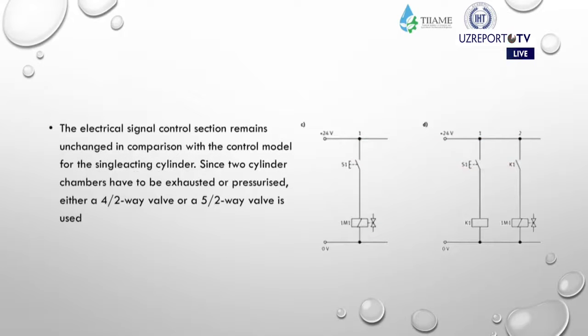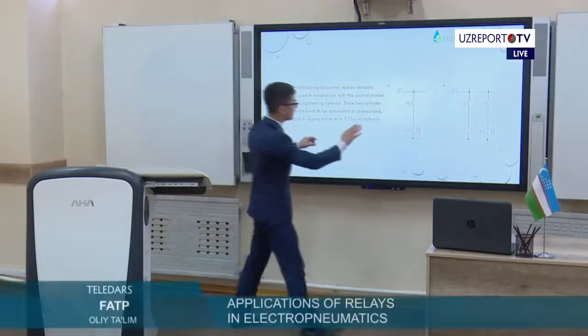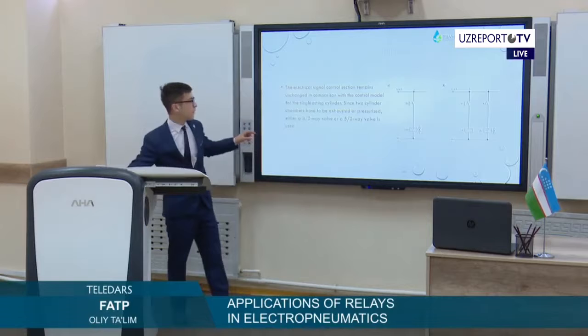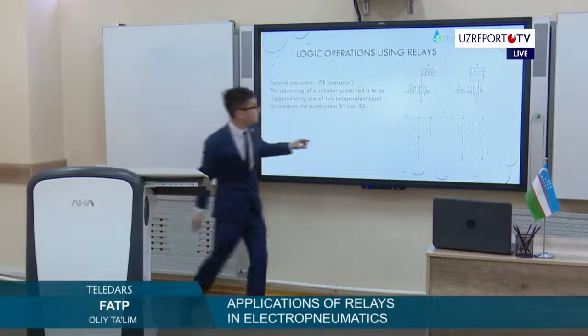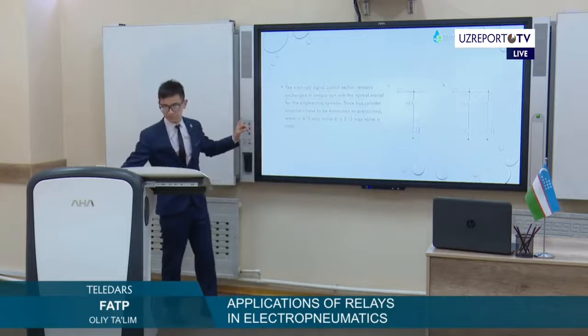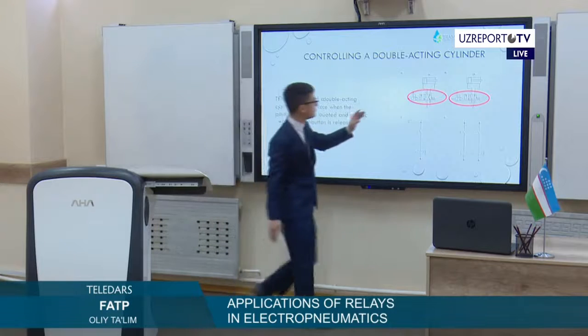Okay, let's see it closer. I can say that this is very much the same as before, which we used in the first stream, but we have a slightly different thing: the two cylinders have to be supplied with pressure when they have positions 4-2 and 5-2. Let's see that again. Go back. Yeah, here.